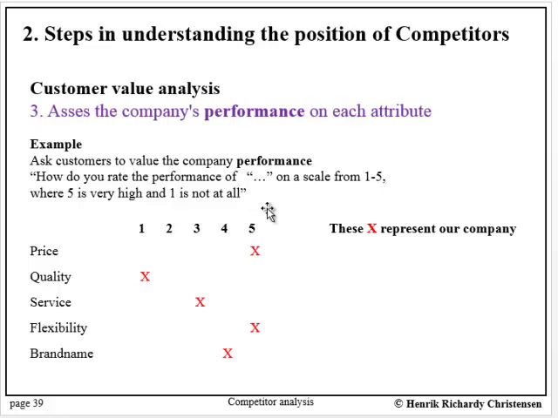And here our company, with the red crosses, the customers have rated our company to perform 5 on price, which is very good. Quality, we perform with 1, which is not at all. Service, we perform with 3, flexibility 5, and brand name 4.